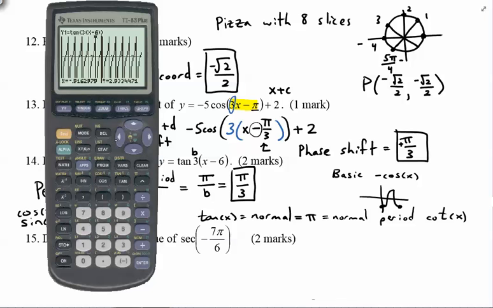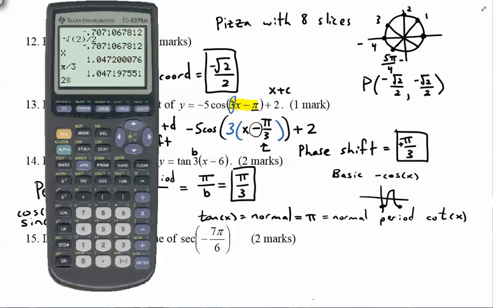That's kind of hard to see from this graph. You can see that 1, 2, 3, 4, 5, almost 6 tangents, 6 patterns fit from 0 to 2 pi. So if I went 2 pi over 6, because 6 of them fit, that's the same thing as pi over 3. Okay, so that's one way to confirm your answer.